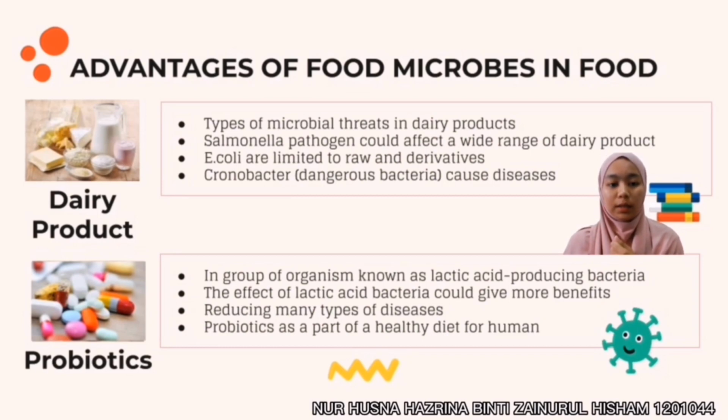So, there are many types of microbial traits in dairy products, such as E. coli and coliform, Salmonella, Listeria monocytogenes, and Cronobacter. Salmonella is a pathogen that can affect a wide range of dairy products, including powdered milk and infant formula.